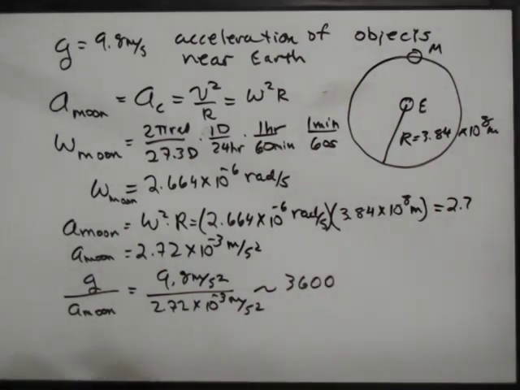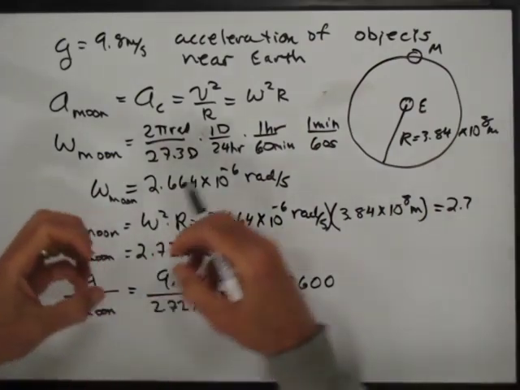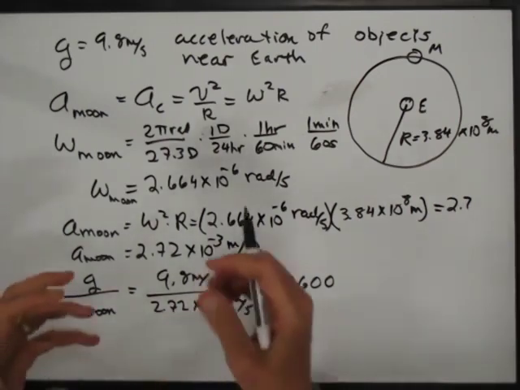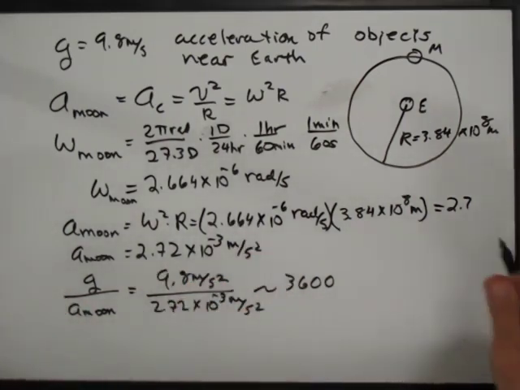And so Newton surmised that as you get farther and farther away from the Earth, the acceleration of gravity is decreasing, and that must mean that the gravitational force decreases the farther you get away.